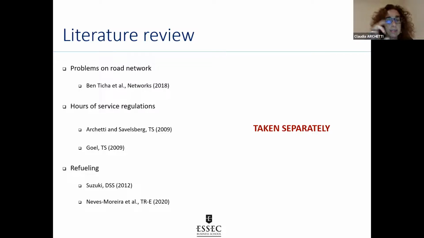And then the last class of the literature is related to transportation problems in which the refueling decision is considered. So in which one of the decisions is where the drivers should stop to refuel.